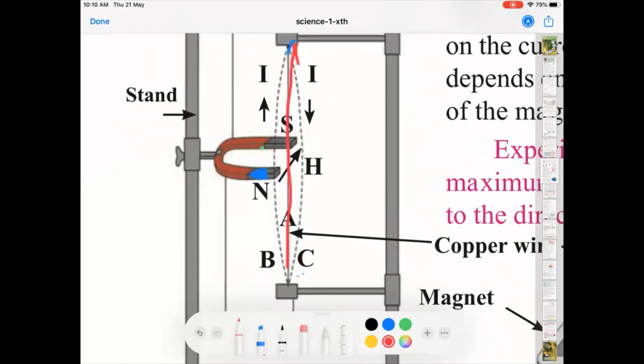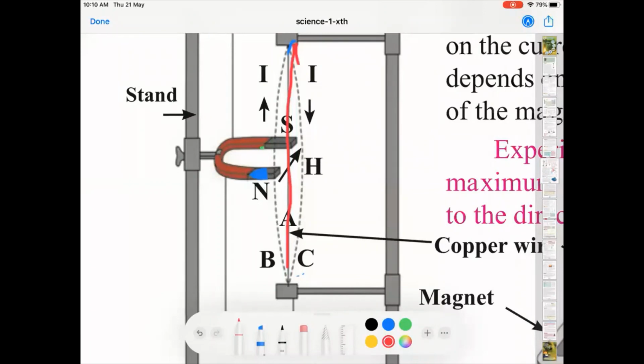There is a wire, you're passing current through it, and you know that it will produce its own magnetic field, and you also know that already there is a magnetic field, so both the magnetic fields will interact and there will be a force on this wire. If the current is flowing from top to bottom, the force will be outwards.